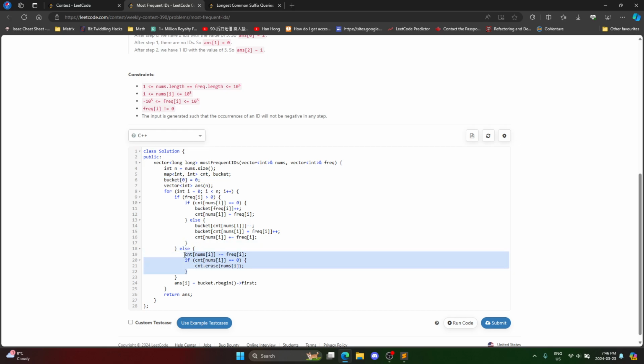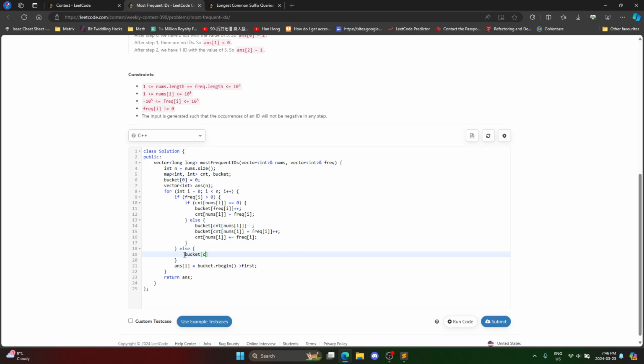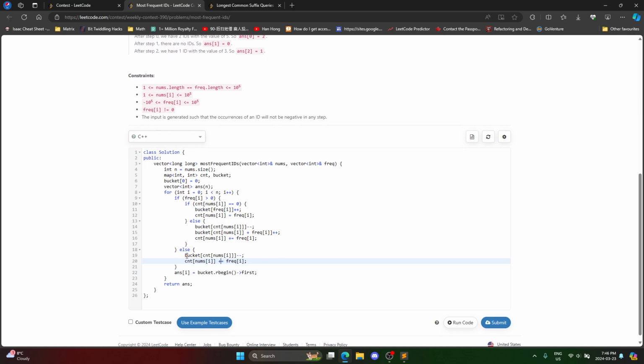Else, so if bucket is empty, nums of I minus minus. Okay, with zero, it's fine.